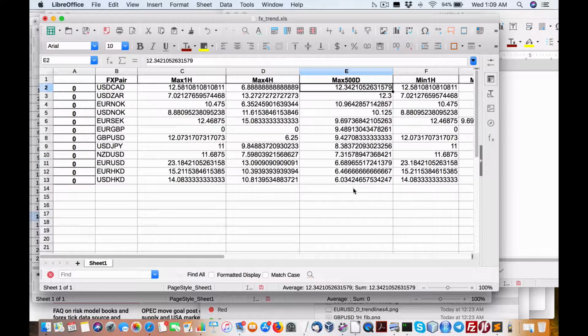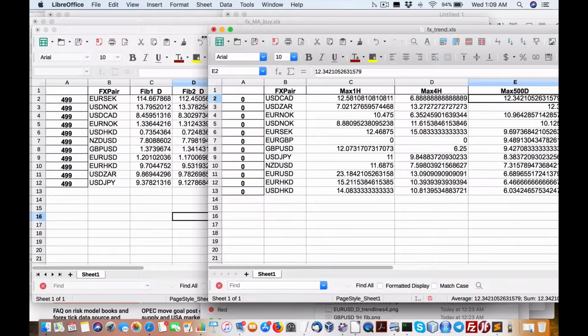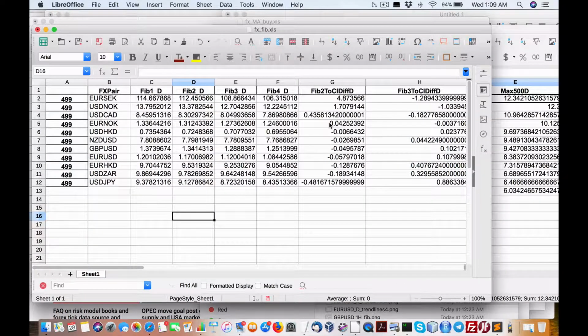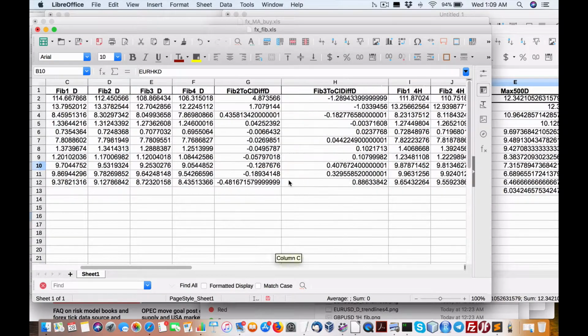So the higher it is, the more negative it is. Okay, so anyways, these are the mechanics of it. And as I said, what I'm planning to do is to build some kind of simple algorithm to overall rank all of these based upon the sorting, and somehow come up with something that would be consistent on the long-term trend of what would be the best currency pairs to trade using these metrics.